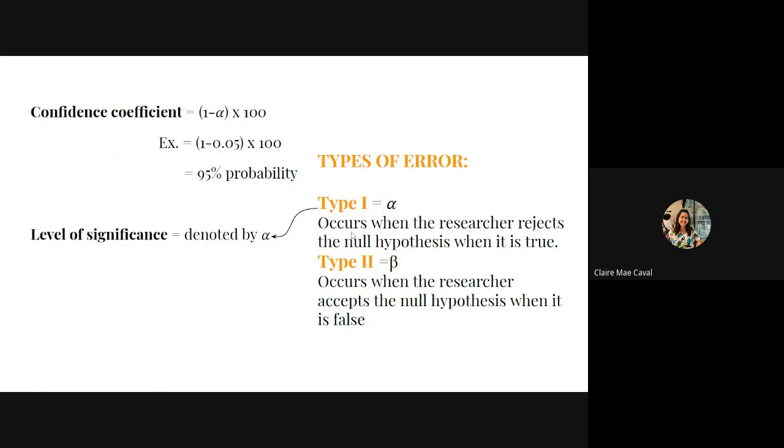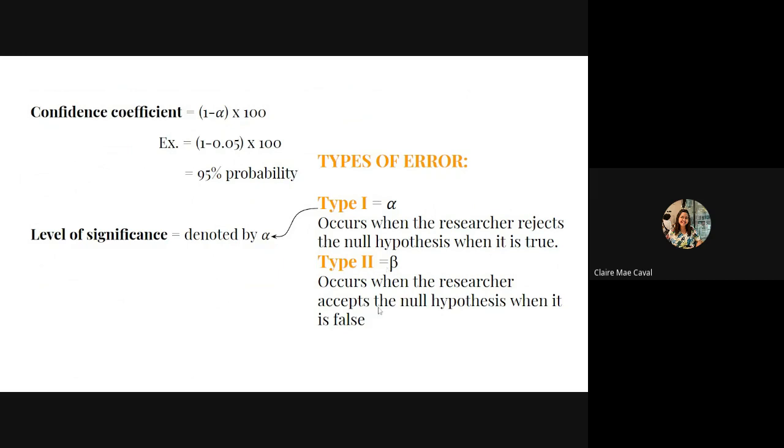Type 1 occurs when the researcher rejects the null hypothesis when it is true. So yung level of significance, you have 5% chance of the researcher to commit an error na na-reject niya si null hypothesis, but then that is actually true. Okay? That is your level of significance denoted by the alpha Greek letter.